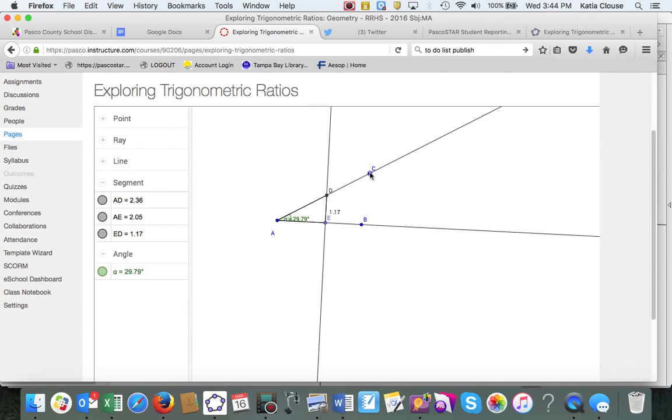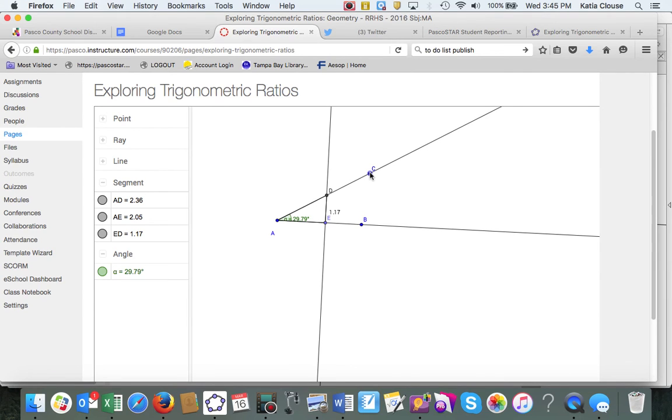When I calculate DE over AD, the length of DE is 1.17, and AD is 2.36. When I calculate that, 1.17 divided by 2.36, that is approximately 0.5.